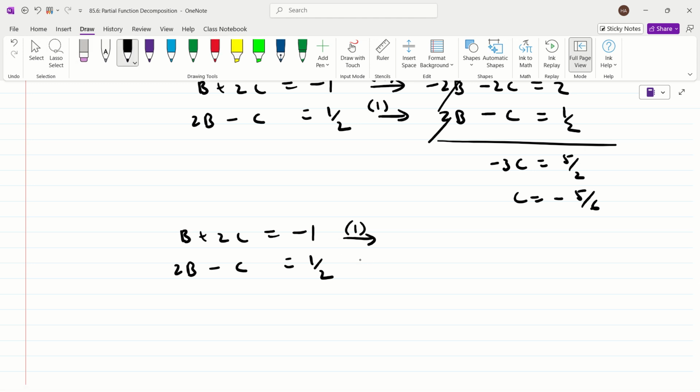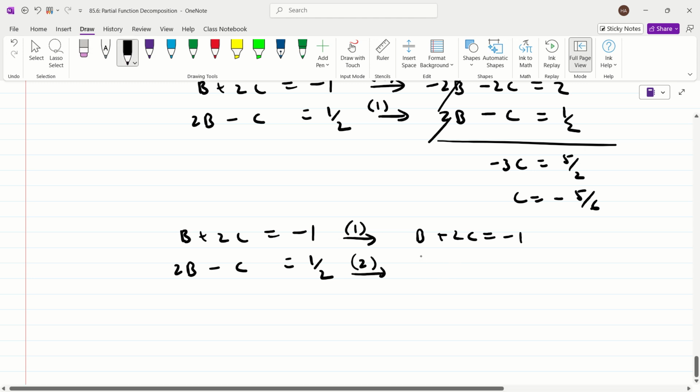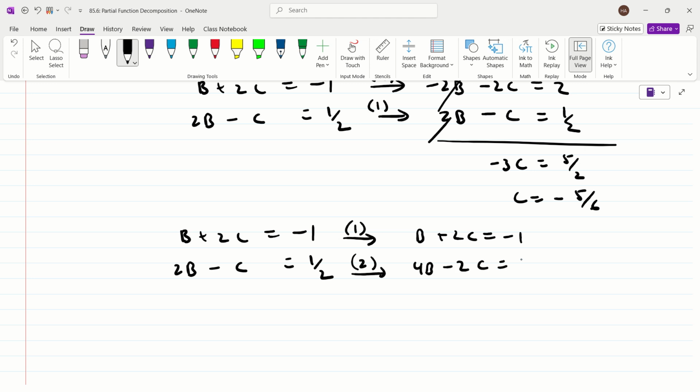If I take that first equation, multiply it by 2, you would get b plus 2c is equal to negative 1, and 4b minus 2c is equal to 1. And when you add these together, those cancel, so you got 5b is equal to 0, or b is equal to 0.